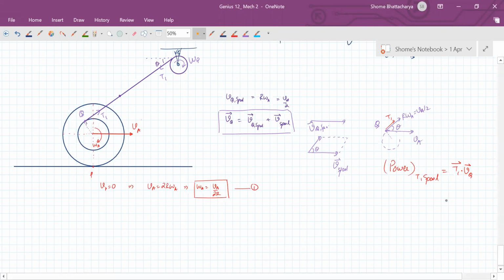So that you will see here from this diagram, this power becomes T1 into (R omega plus VA cos theta). So it becomes T1 into (VA by 2 plus VA cos 37).